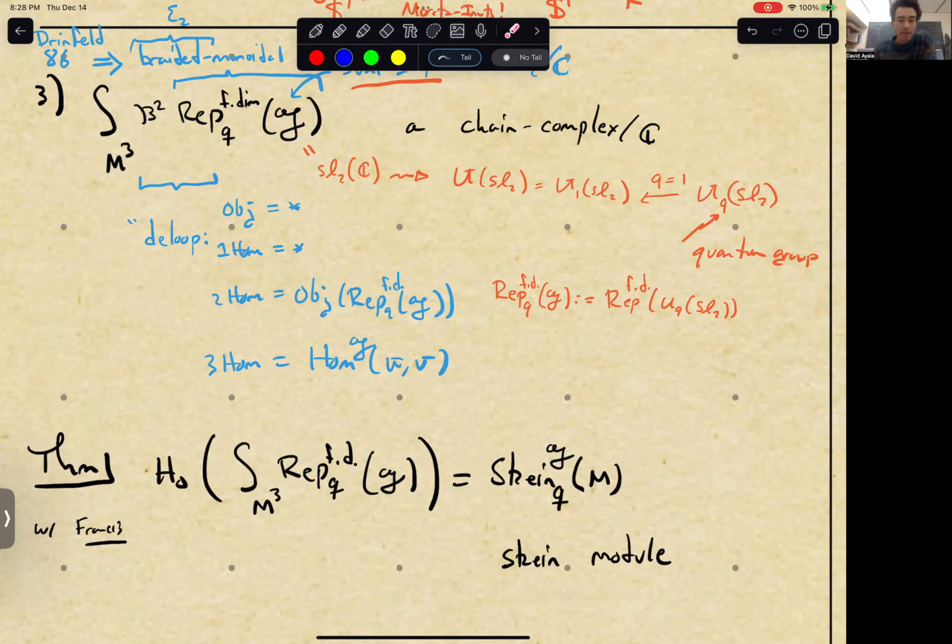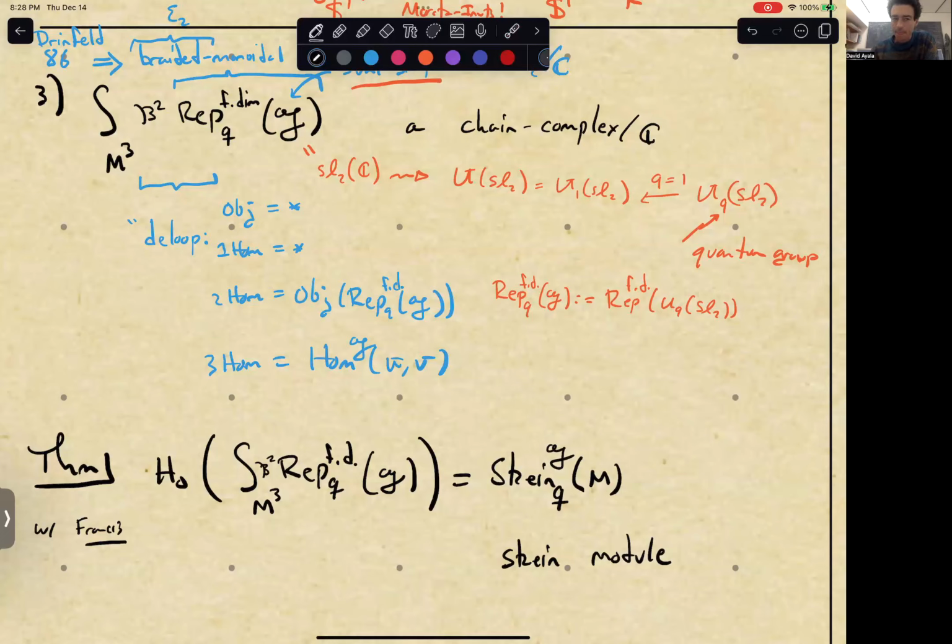David, I have a more elementary question. This integral over M3, you said this goes beyond the alpha version, but I wonder where it really goes beyond the alpha version.